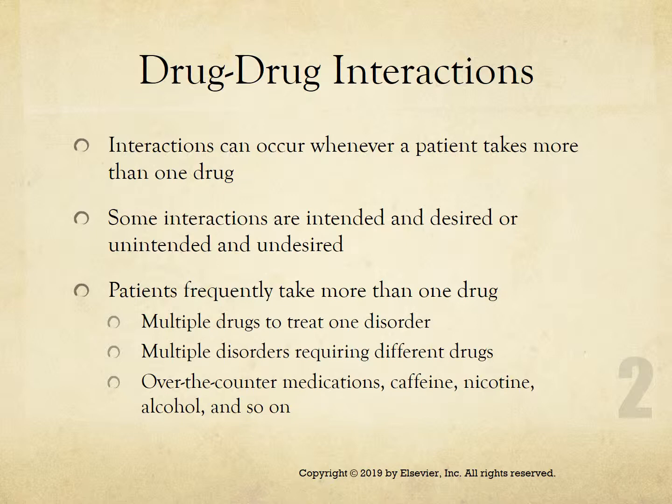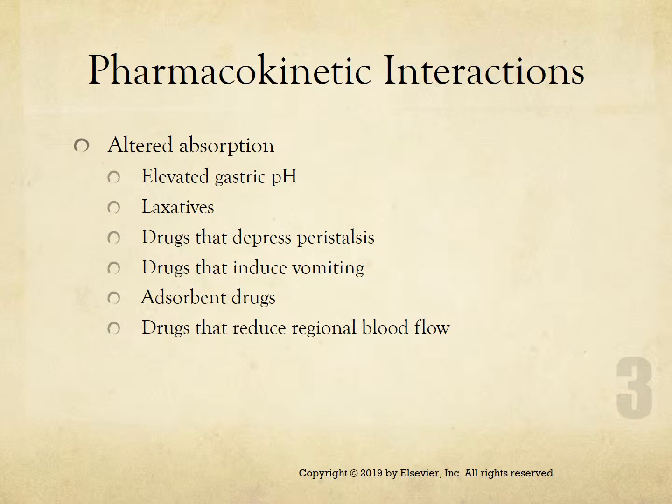preparations. So there can be pharmacokinetic interactions, where you have altered absorption, and that can be from an elevated gastric pH. It can be from laxatives, which increase the transit time, so decreases absorption. It can be from drugs that depress peristalsis, so that the drugs are not absorbed as they should be.